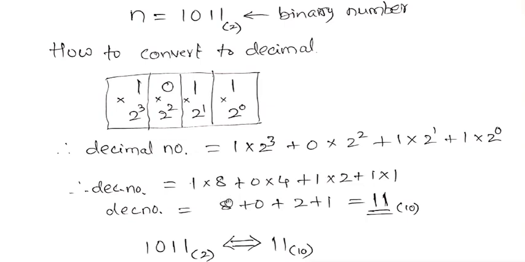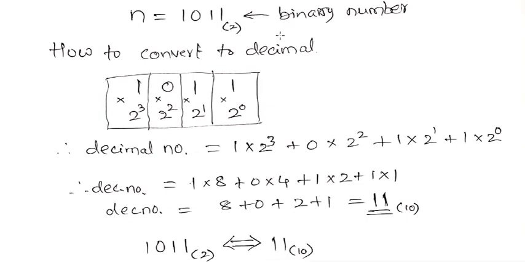So 1 into 8 is 8, 0 into 4 is 0, plus 1 into 2 is 2, plus 1 into 1 is 1. So 8 plus 2 plus 1, we get 11 to the base 10. So the binary number 1011 is represented as 11 in the decimal number system.